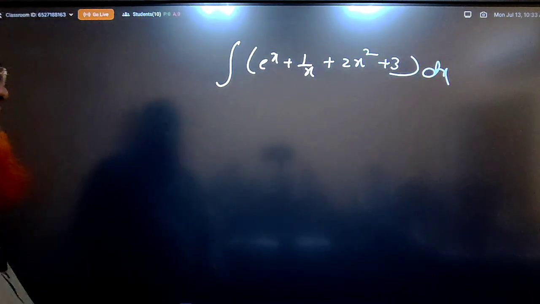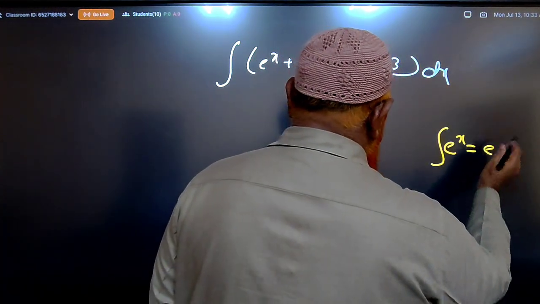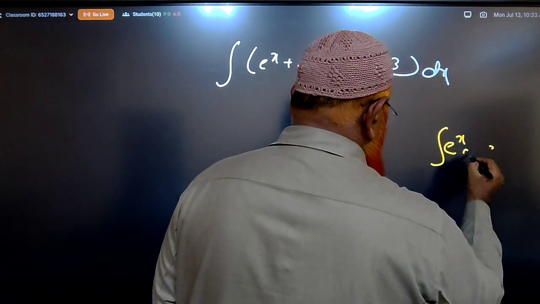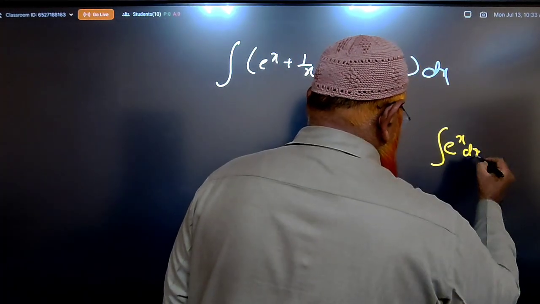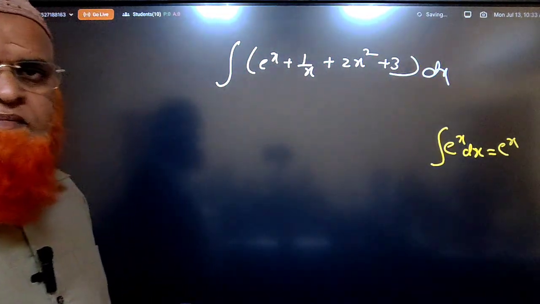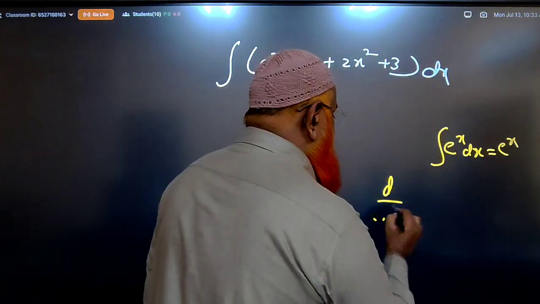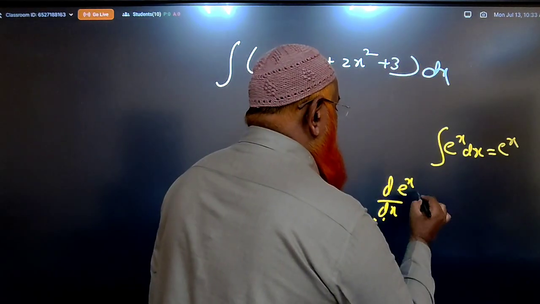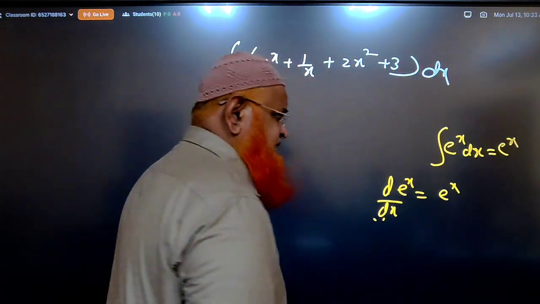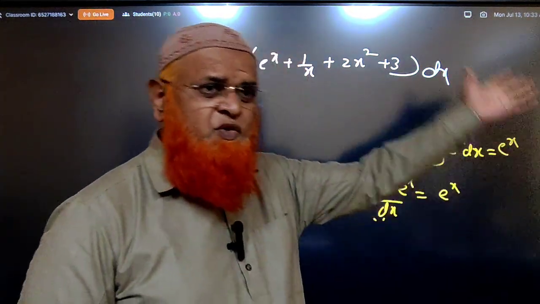Here, as the integration of e power x into dx is also e power x only. Understand? Just as the differentiation of e power x is considered e power x, similarly the integration of e power x into dx is also e power x only.